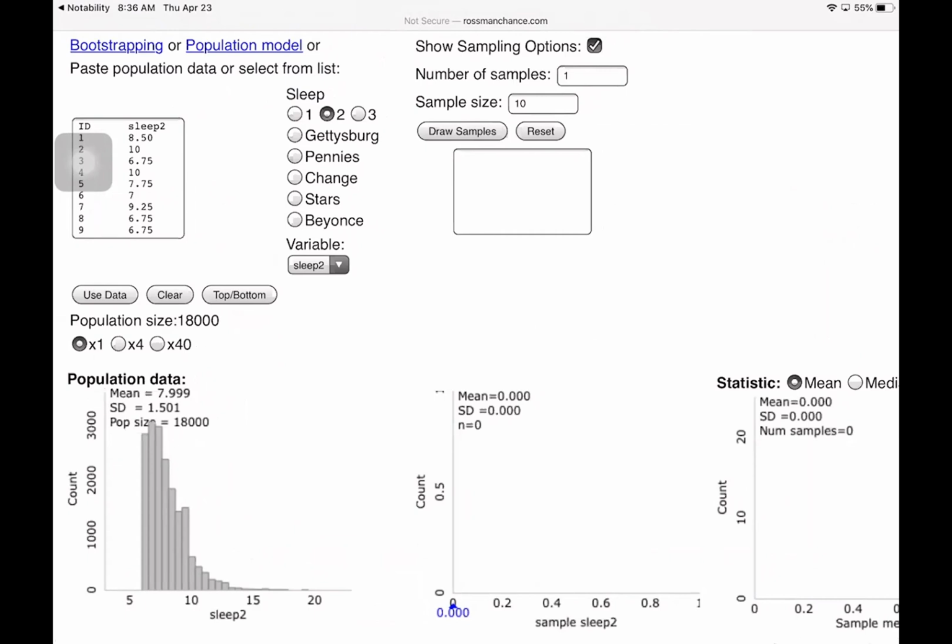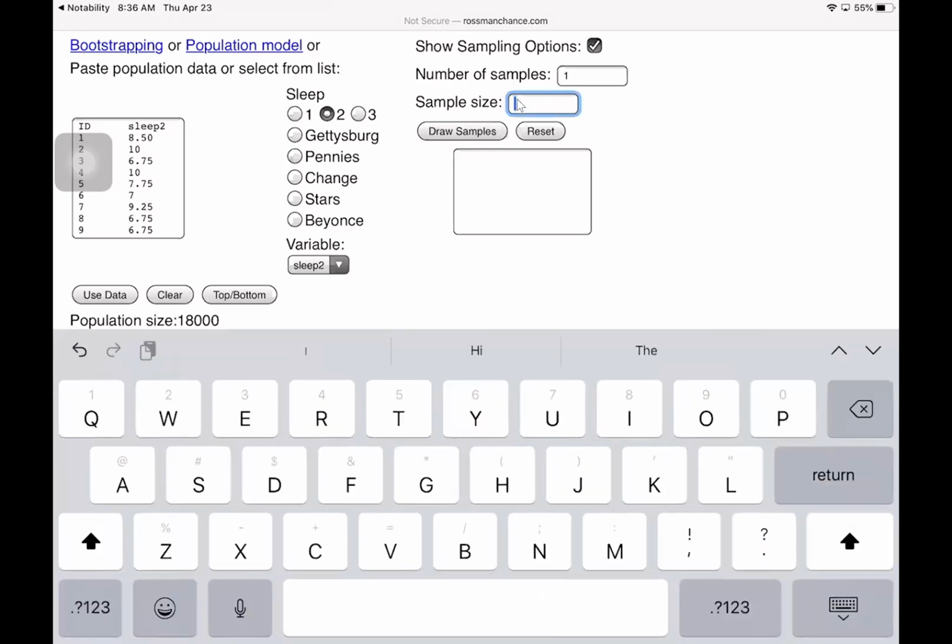Where is the chat? All right, so let's do 8. So I'm going to say 8 right here.